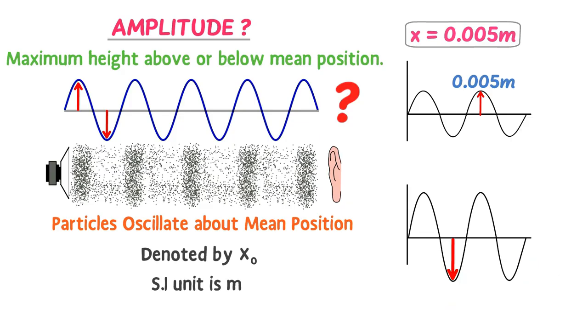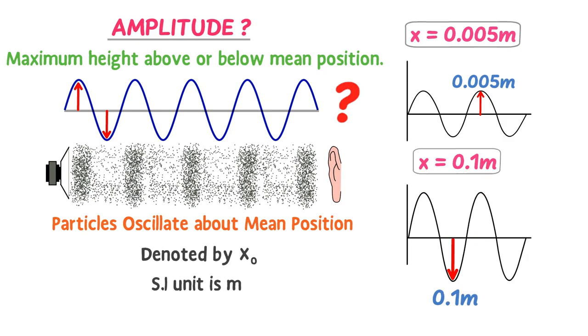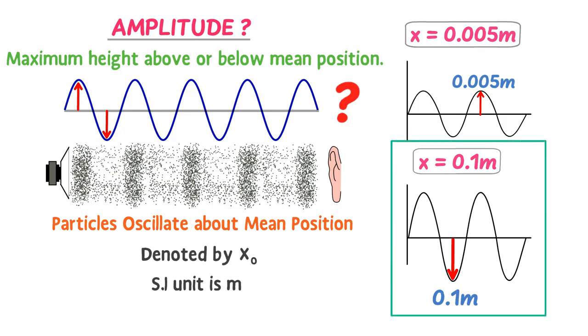Let's suppose that the length is 0.1 meter. So the amplitude of this wave is x0 equal to 0.1 meter. Thus we can also state that the amplitude of this wave is smaller than the amplitude of this wave.